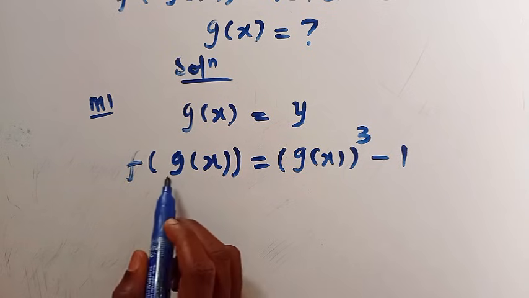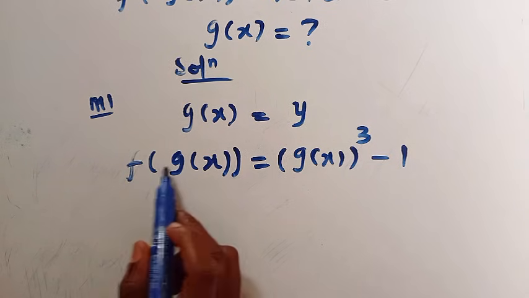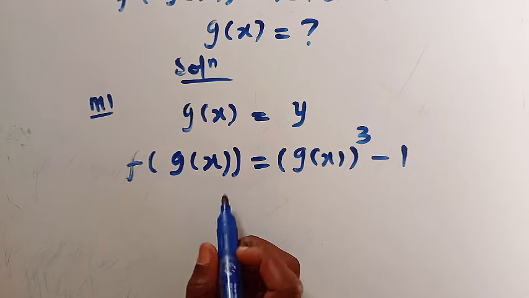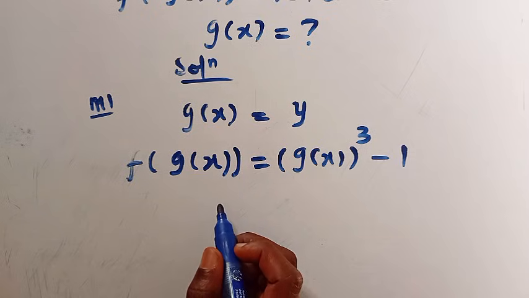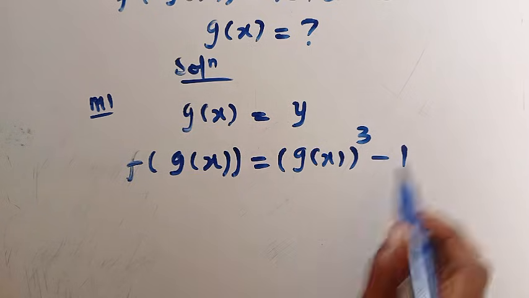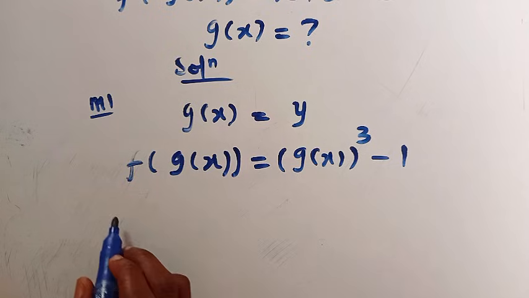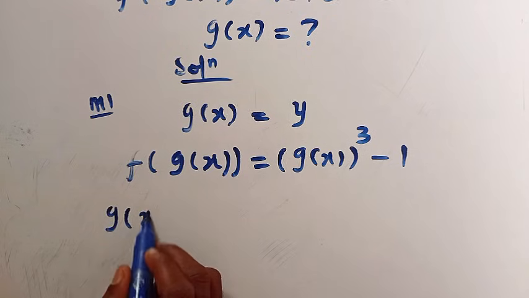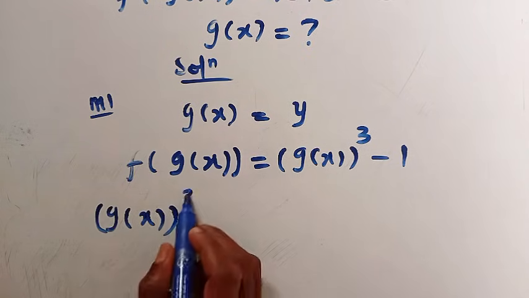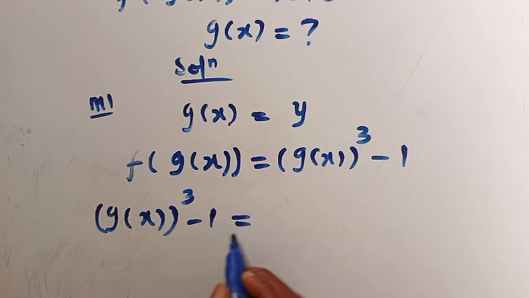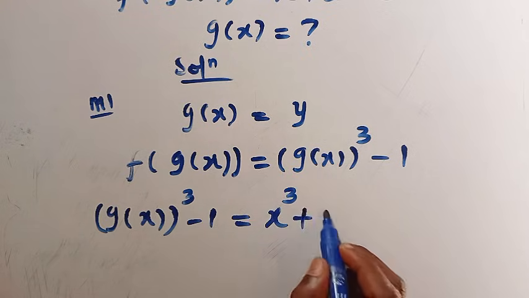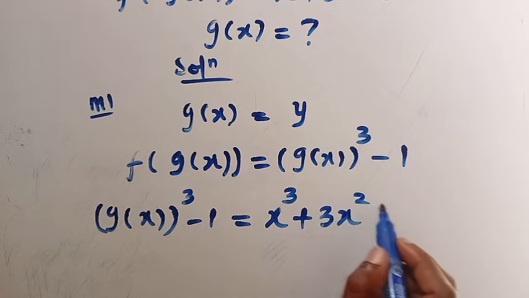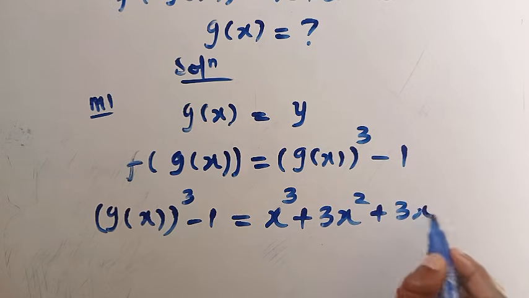And we know that f of g of x is equal to x cubed plus 3x squared plus 3x. By replacing it, we have g of x raised to power 3 minus 1 equals x raised to power 3 plus 3x raised to power 2 plus 3x.